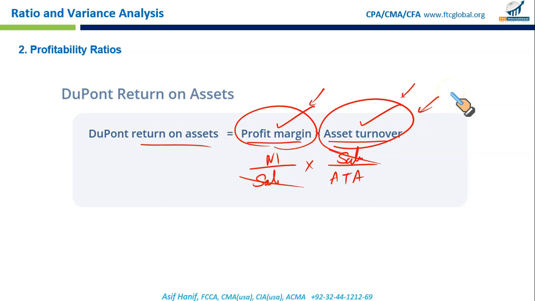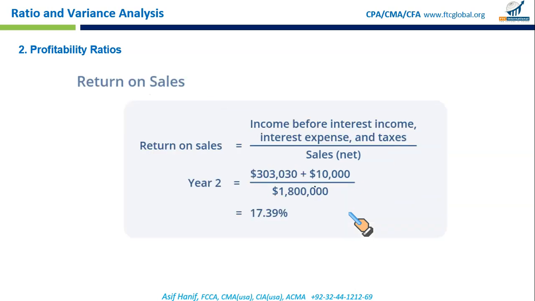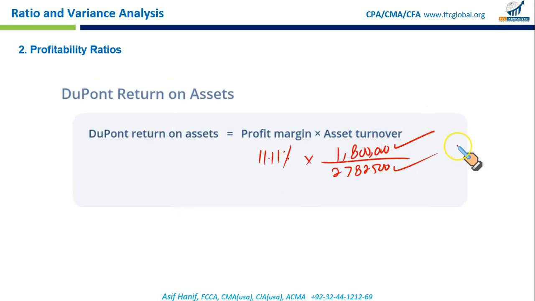So let's plug in the numbers, see what we get. This is the figure for our profit margin, which we already calculated. Next, we need sales over average total assets. Sales we already have. We need the average total assets figure. This is the average total assets, 2.782 million. So let's calculate sales over average total assets.